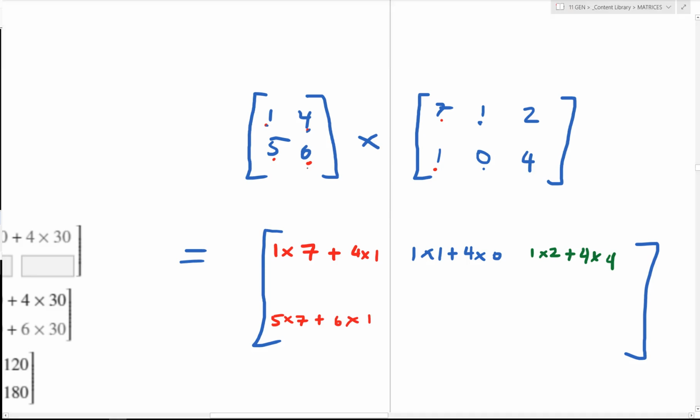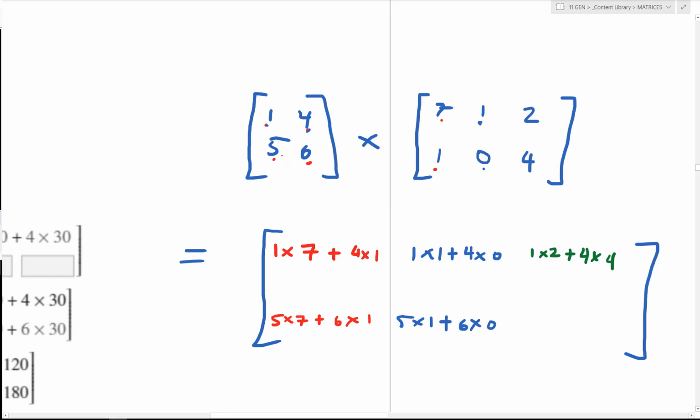The next one is again row with column: 5 times 1, plus 6 times 0. Easy.